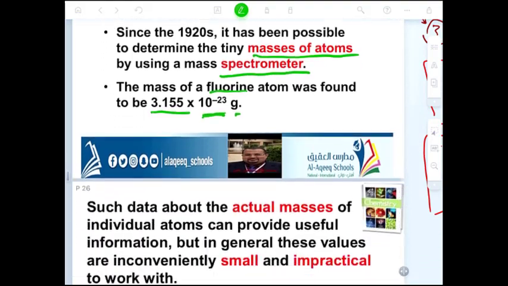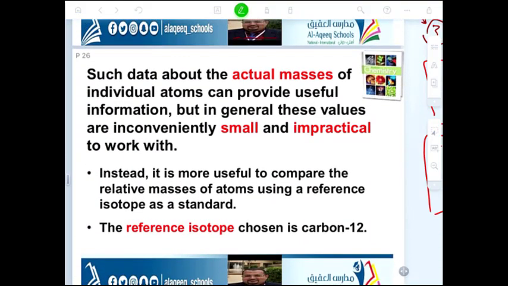It's difficult. Scientists tried to find a method to deal with them, not by using the actual masses, because they are very small. We can make one atom a reference isotope, because it's difficult to use the actual masses practically, as I said.